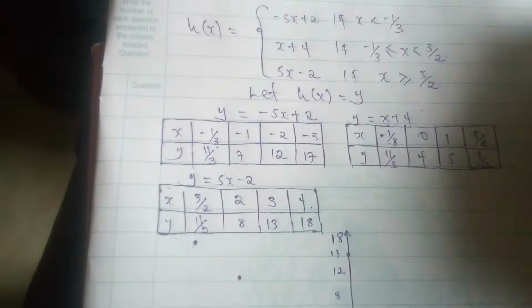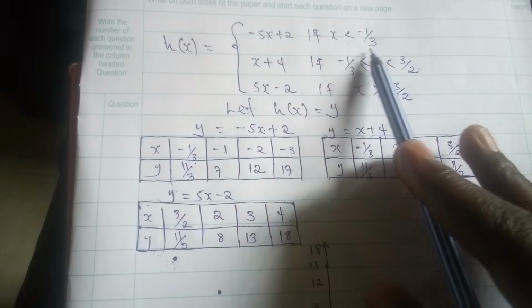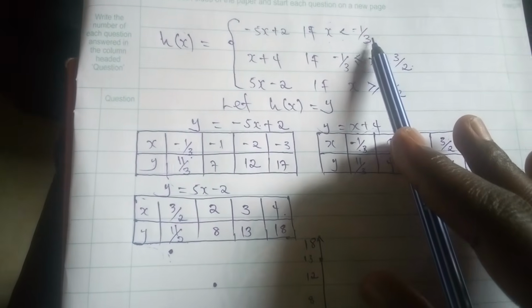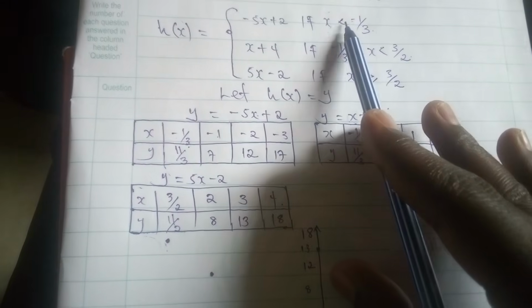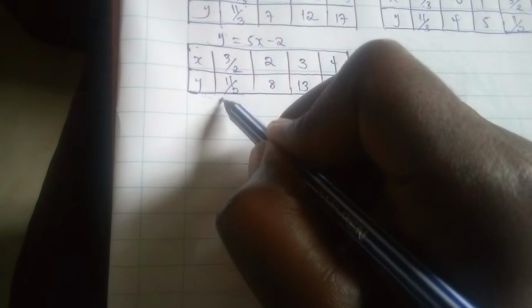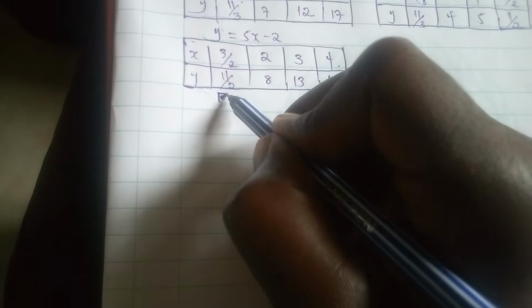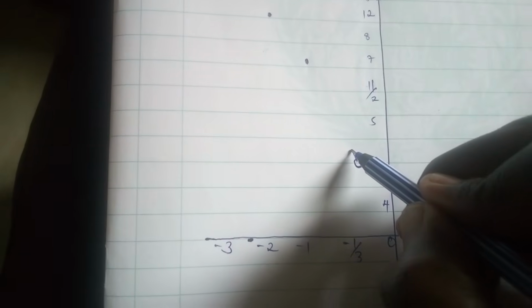One thing that you should bear in mind is that you are not restricted on the values of x, they just said all the values that are less than negative 1 over 3. So you put an arrow showing that the graph can continue, because someone can end on negative 6, there is no harm. So from there you connect the points.